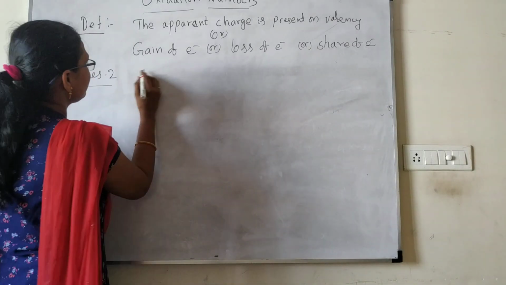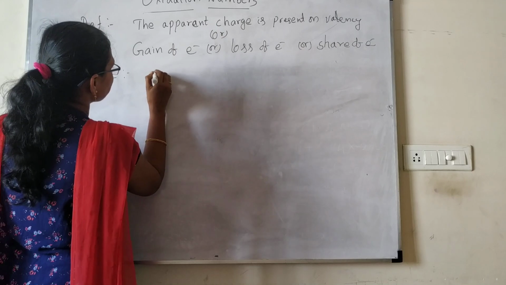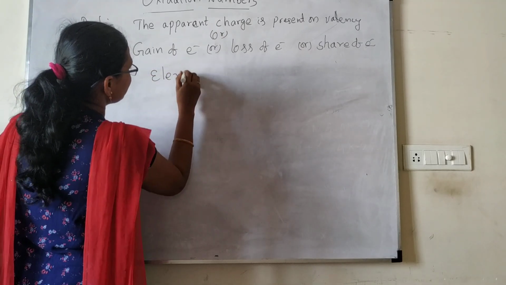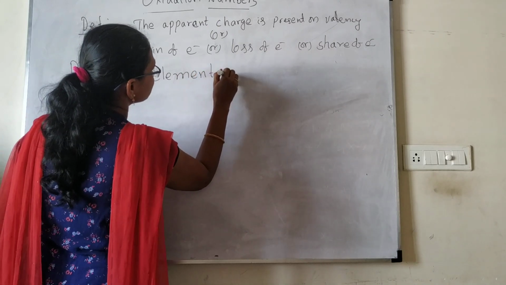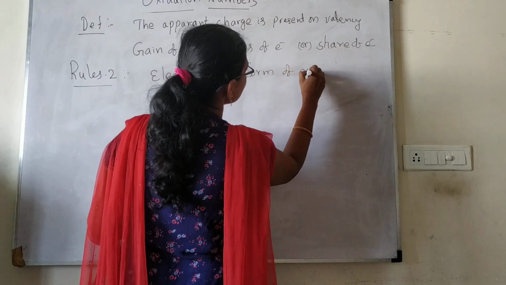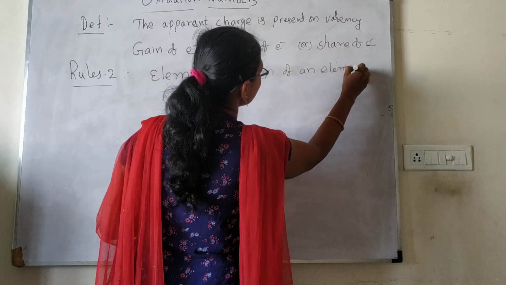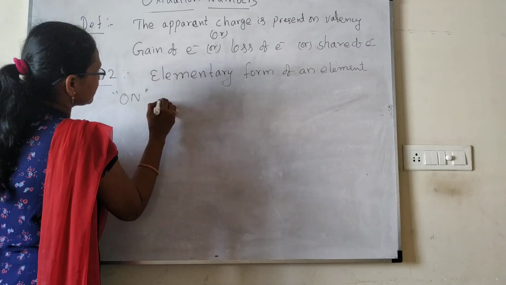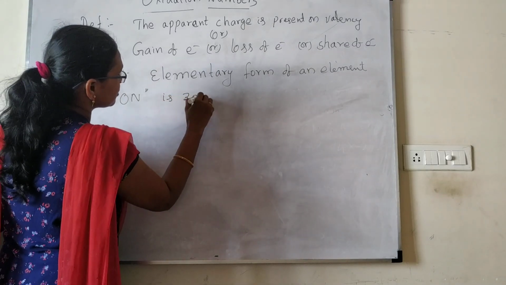So the elementary form of an element always has an oxidation number of 0.